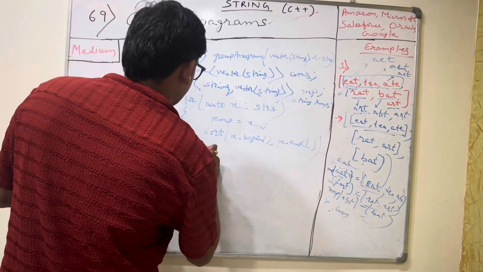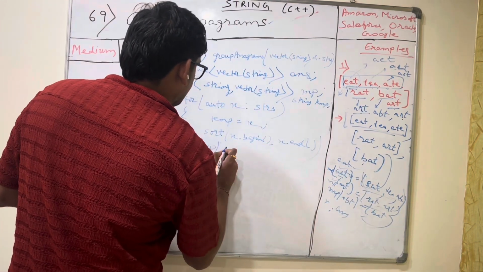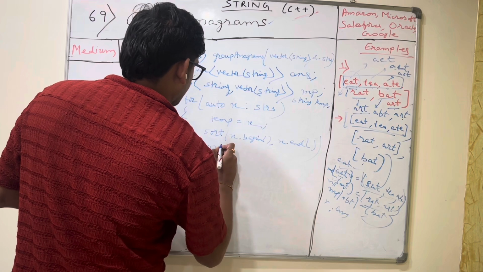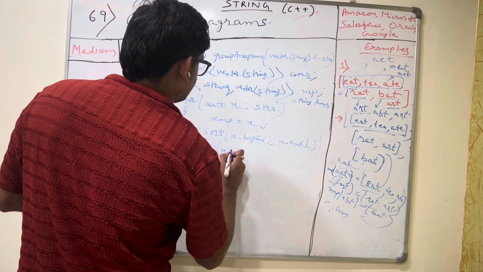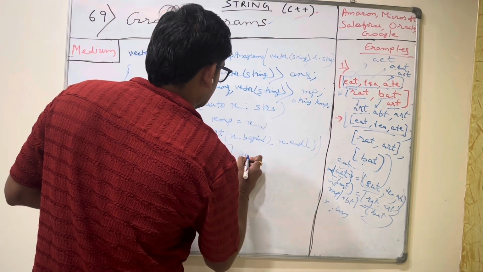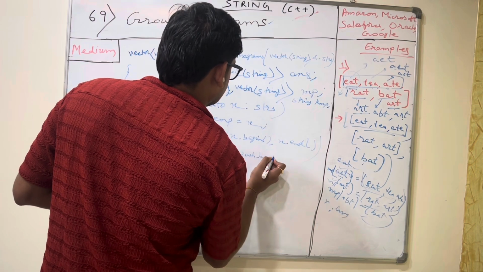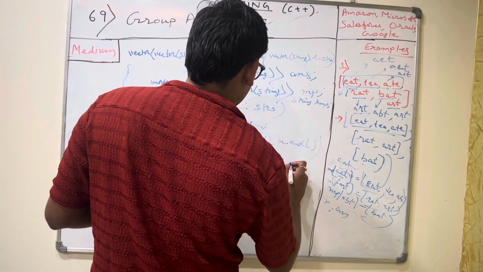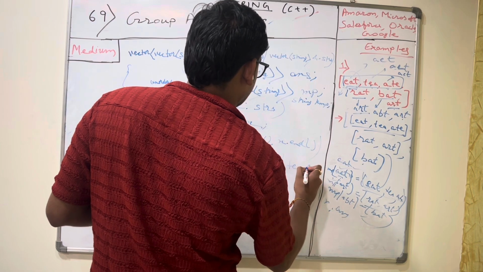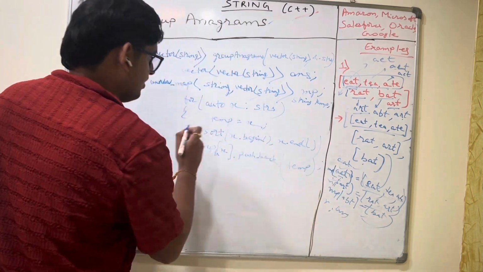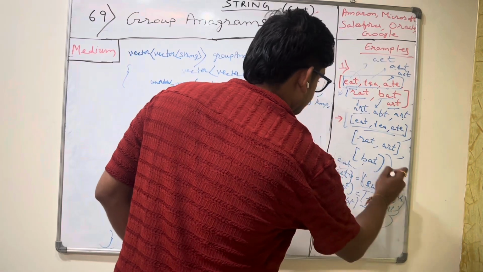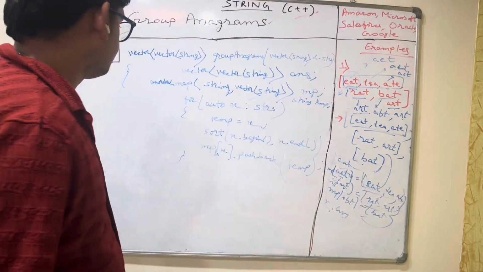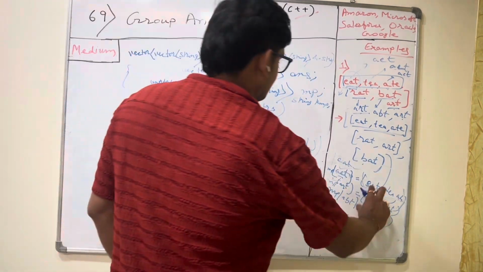And then we will do MP of x dot push_back, since it is a vector of string, we push the original value temp here. So we get this thing. After getting this, we now traverse the map.